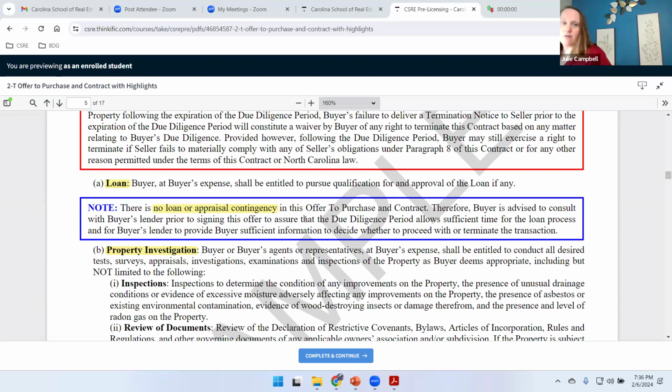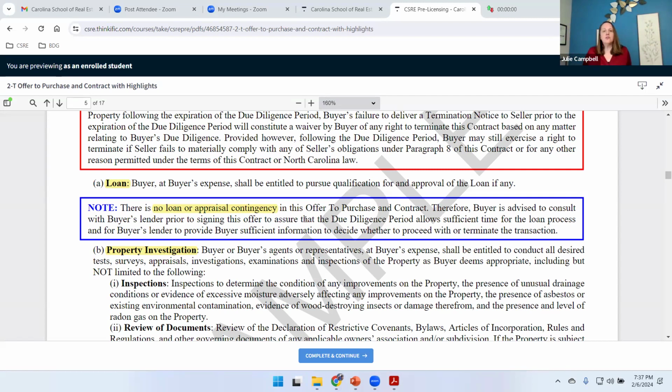And this is what I know from experience. In all my years, I've only known one buyer that has gotten final loan approval while we are still in due diligence. That's very, very rare. Usually, we don't have that final loan approval until a couple days prior to settlement.